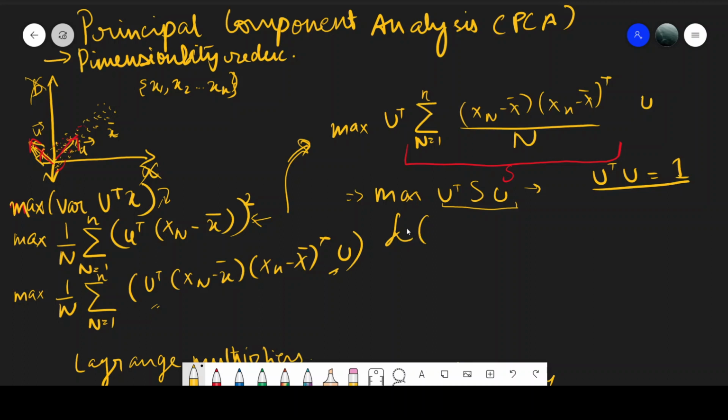So this would be u and lambda. The Lagrangian is basically u transpose Su minus lambda times (u transpose u minus 1). This is the Lagrangian.